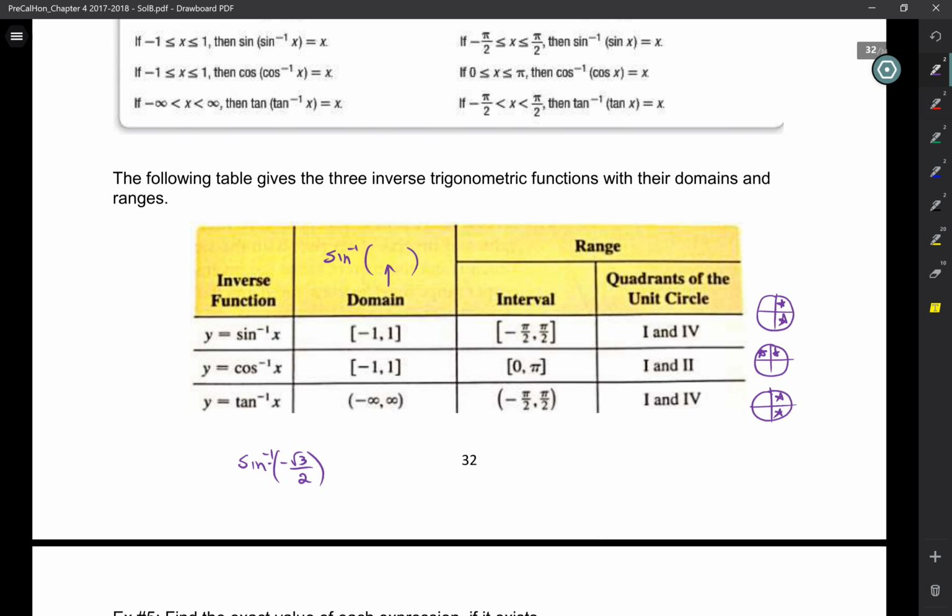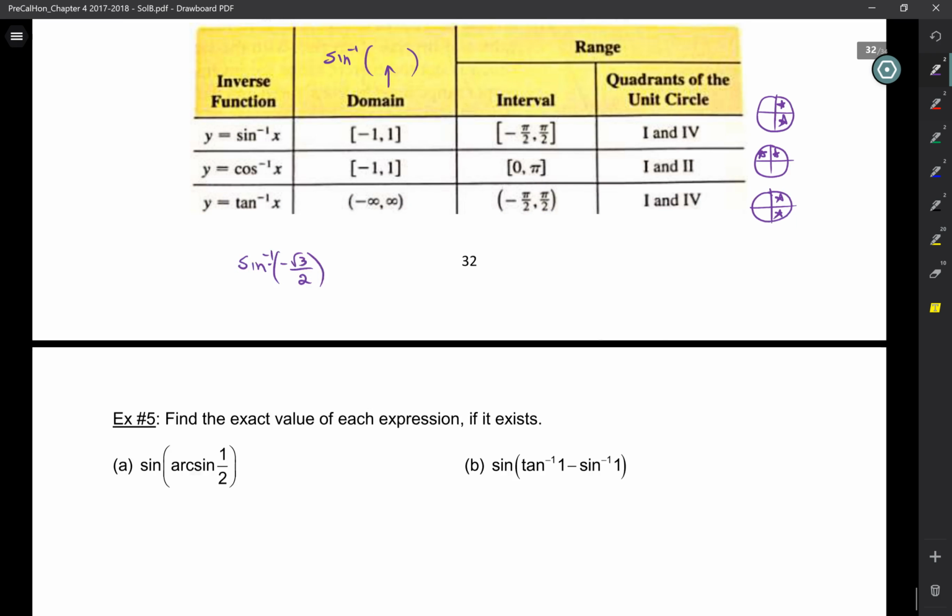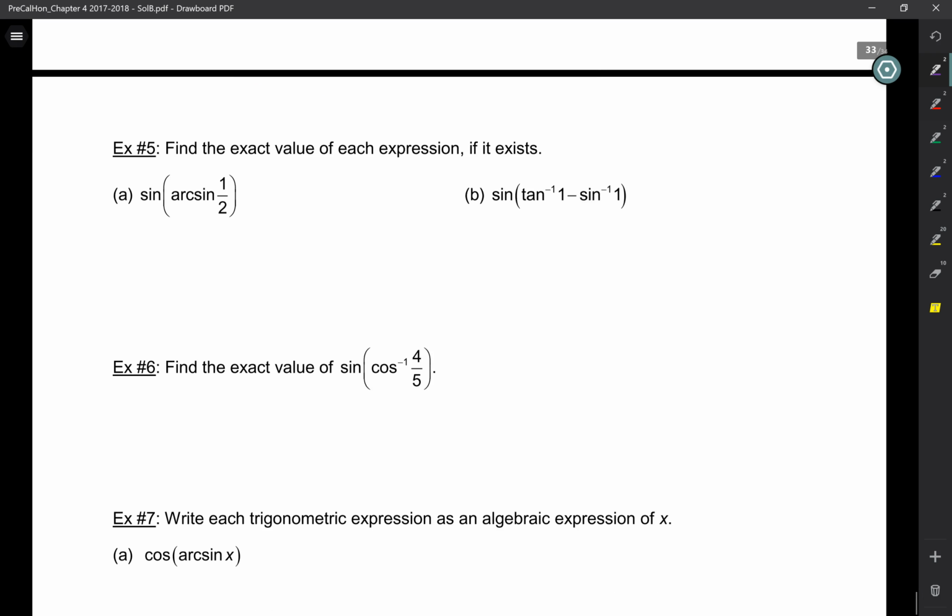You see what I mean? Or they would say something that is in the right quadrant, but not necessarily between negative and positive pi over 2. Okay, all right, let's do these.